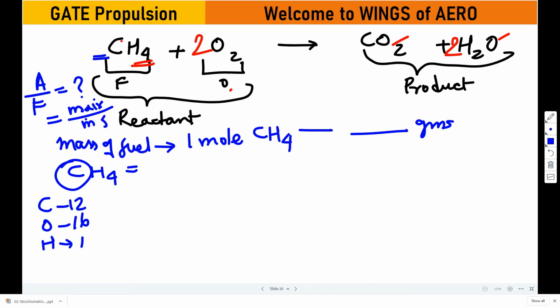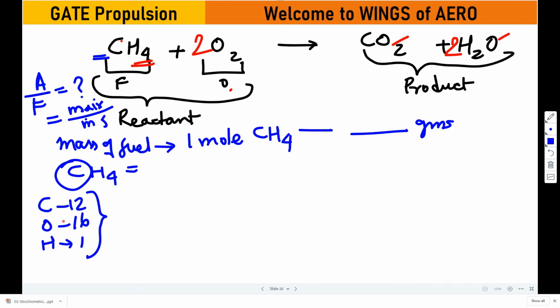What is the difference between atomic weight and molecular mass? In a molecule, many atoms will be there. The sum of all the masses put together is the molecular weight, while atomic weight is for a single atom.